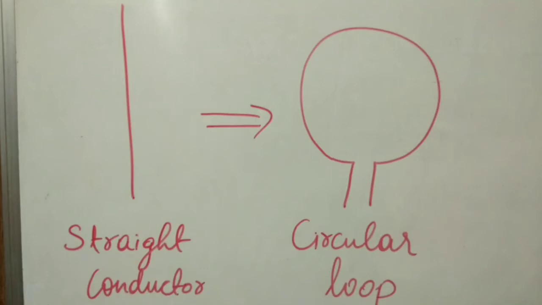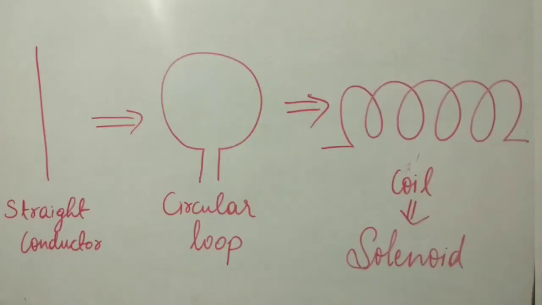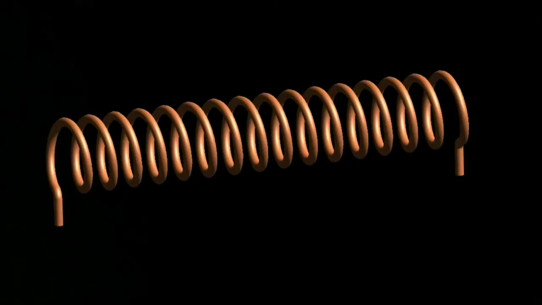We know that using a straight conductor we can make a circular loop. Now using that circular loop, or using that straight conductor, we can make a number of loops by turning them again and again. Then we will get something like this, which is in the form of a coil. This is nothing but a solenoid.